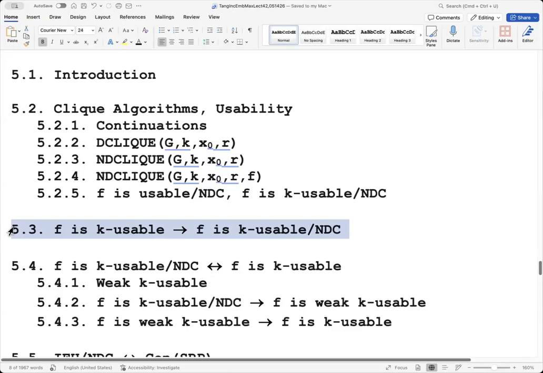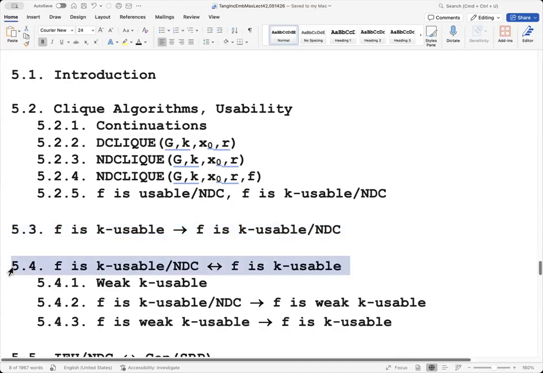That's one direction, and then we want the other direction. So we get that F is K usable if and only if F is, wait a minute. Yeah, we want this. This is the equivalence we're already looking for: the old usability notion and the new algorithmic notion.